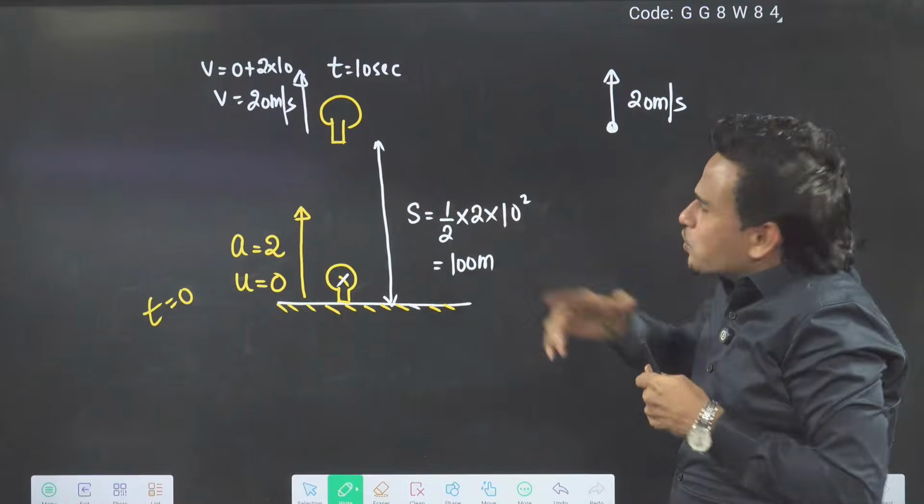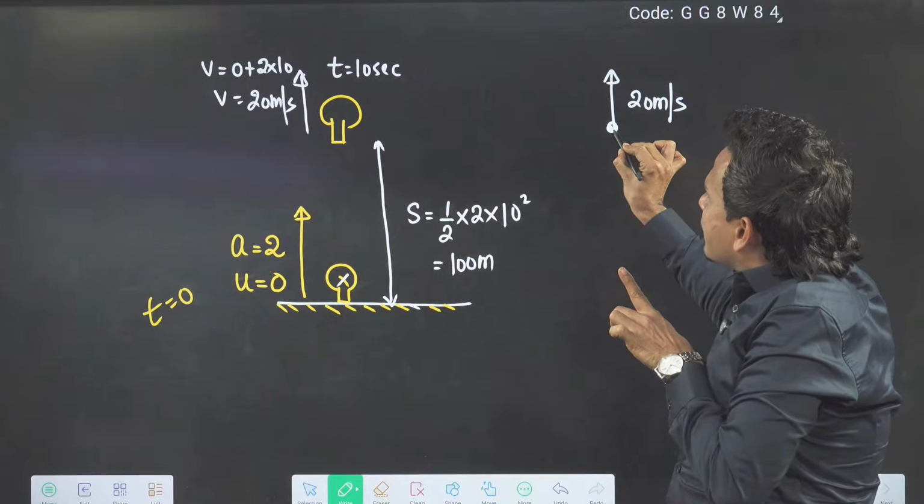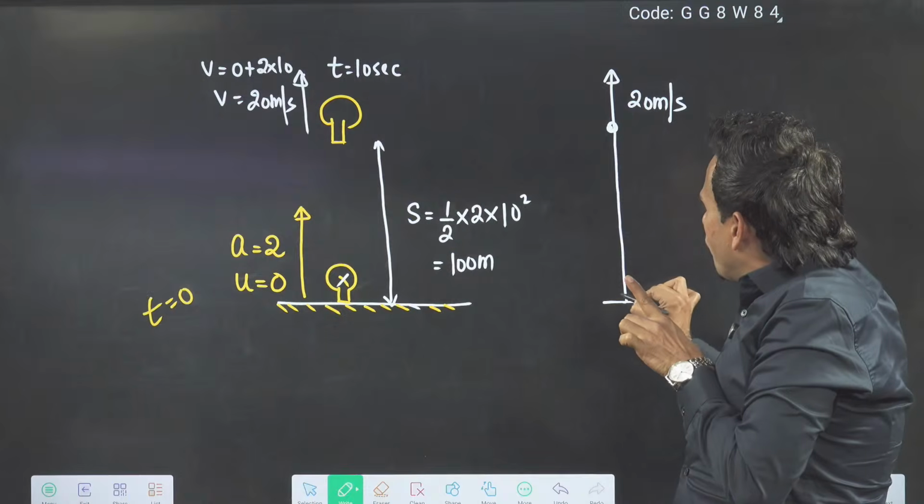So the stone will get the same velocity, 20 meters per second vertically upward.